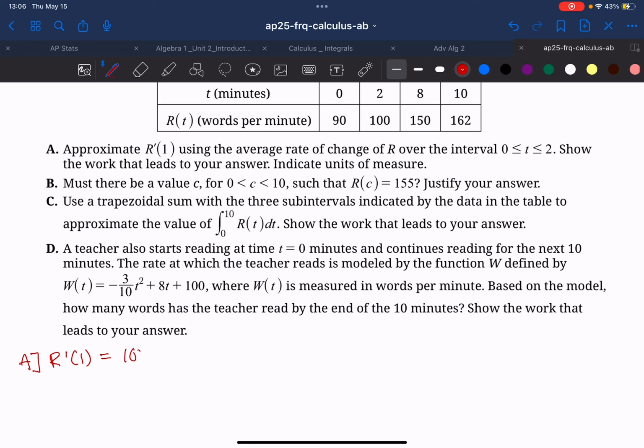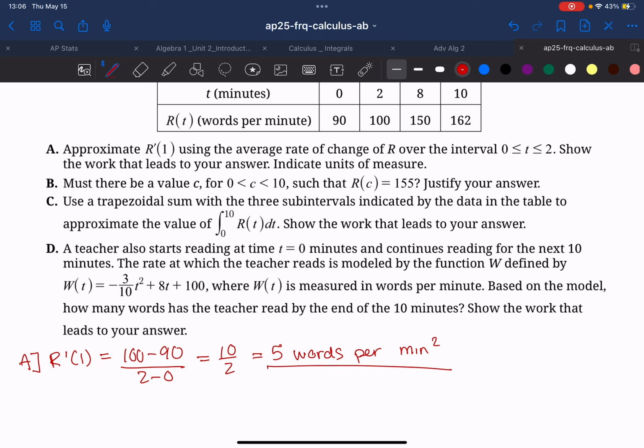So I have 100 minus 90 over 2 minus 0, which gives me 10 over 2, which gives me 5. And then in order to look at the units, notice that I used r of t values first, and that's words per minute. And then I'm dividing by the minutes, so technically my answer is words per minute squared.